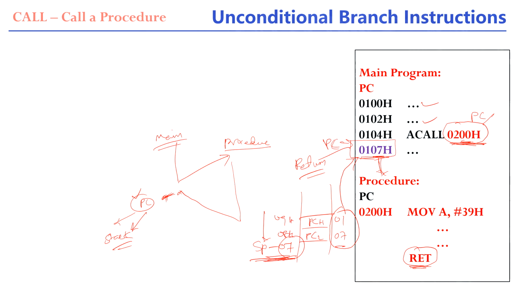So let us see how ACALL and LCALL work in 8051 once again.